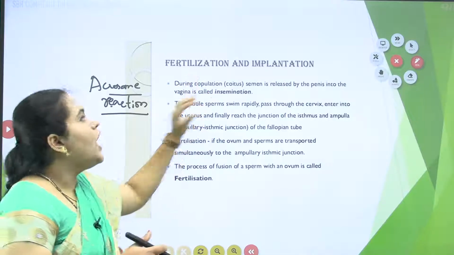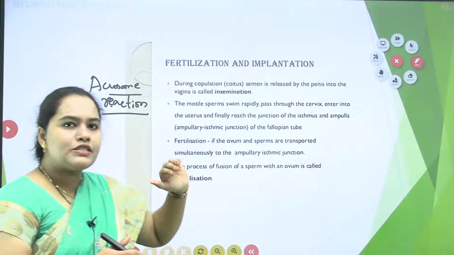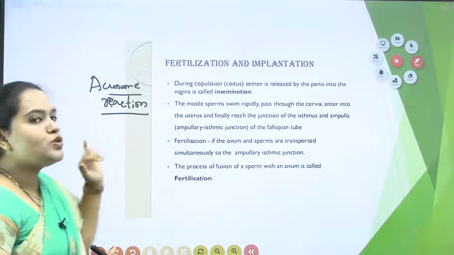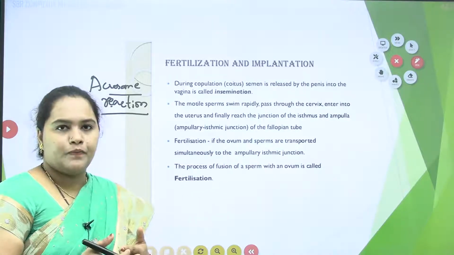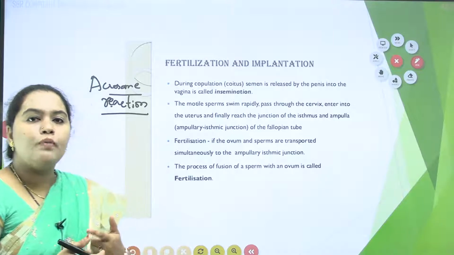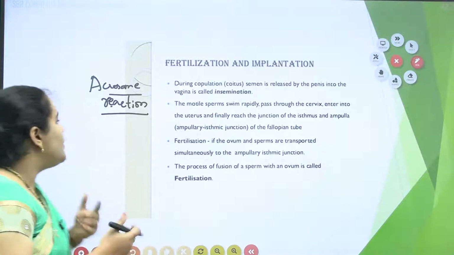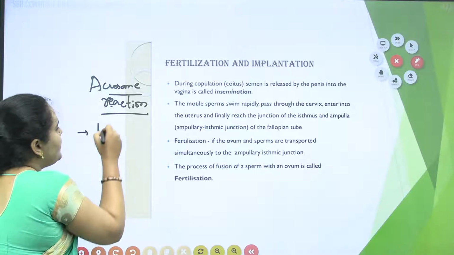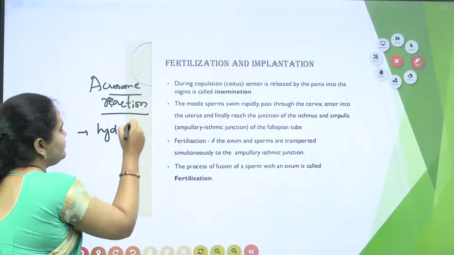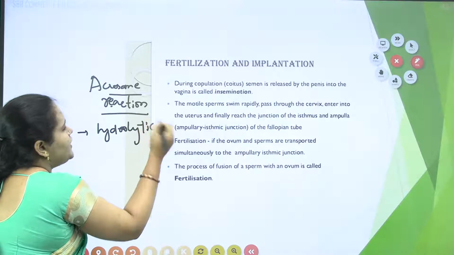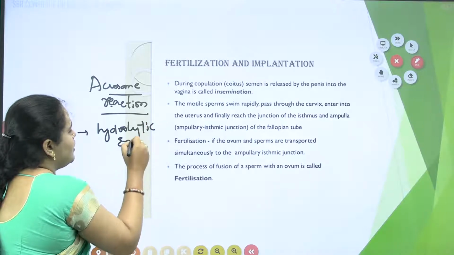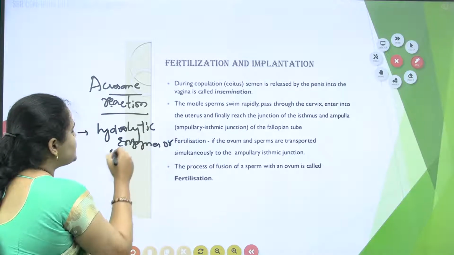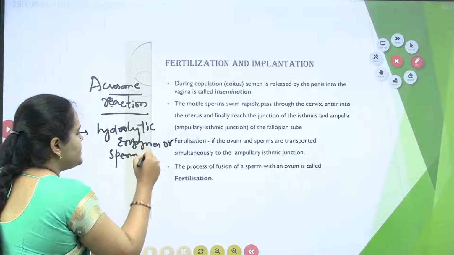Okay, so once the sperm reaches the ovum in the ampullary junction, then the acrosomal reactions will start. The acrosome will get activated and release the hydrolytic enzymes, also called sperm lysins.